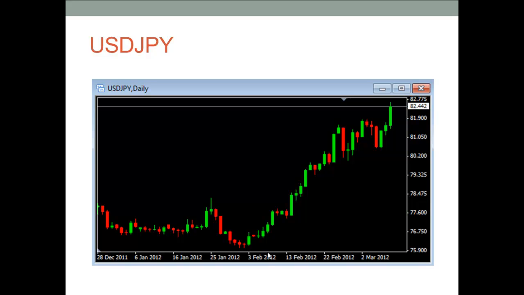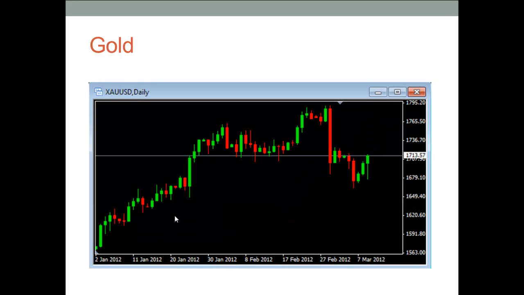And that's really all to do with that non-farm payrolls number that just blew the numbers out of the park when it was at 76, and it just kept going higher and higher and higher, along with that negative Japanese GDP news. Similarly, we see gold, right? Gold was about 1650 all the way back at the end of January, and then it got up to about 1750 after the news.